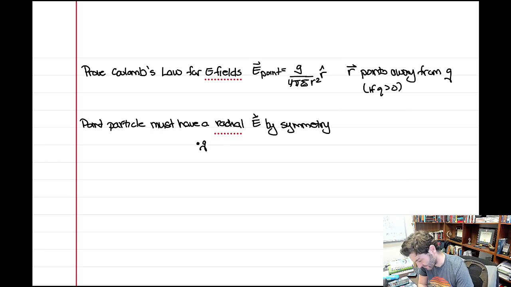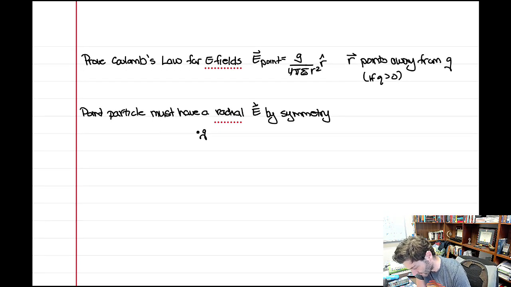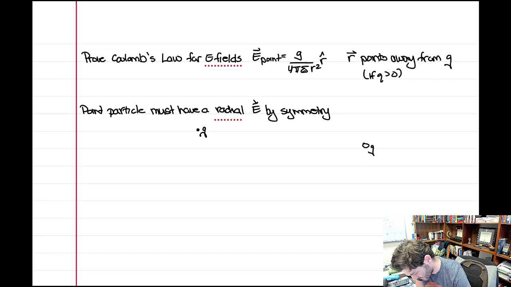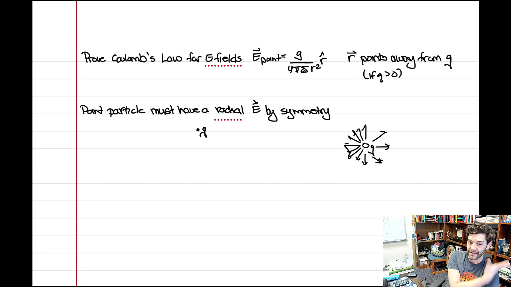Let me give a counterexample of how this would manifest itself if there wasn't symmetry. Suppose I have some charge Q, and the electric field is all going out from the charge, but maybe on the left side the electric field is stronger. So maybe it looks like that, more electric field lines on the left compared to the right.